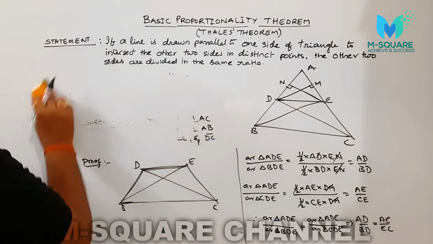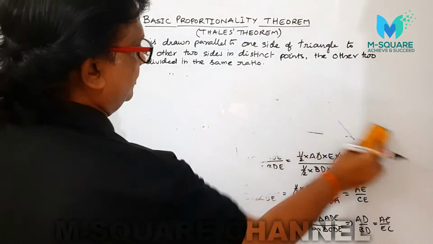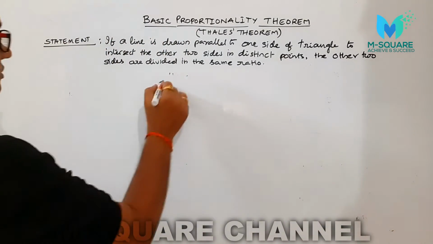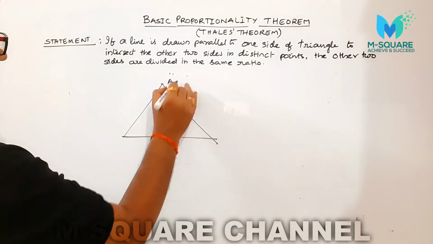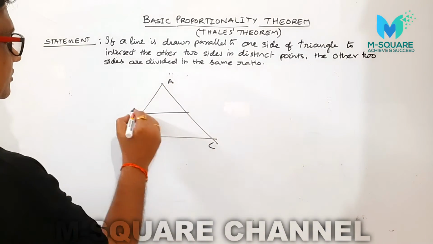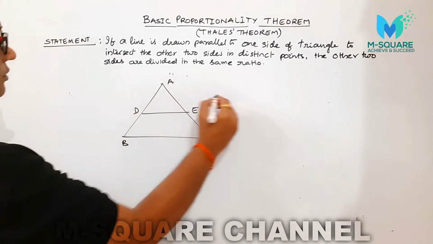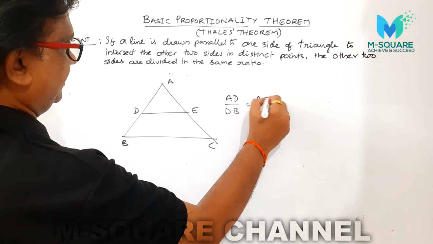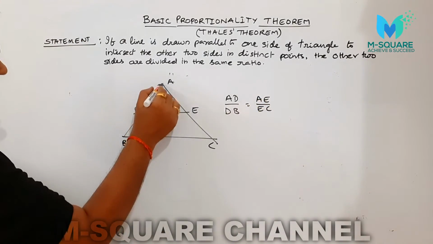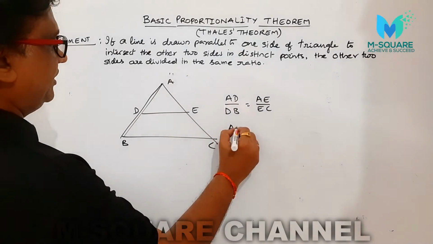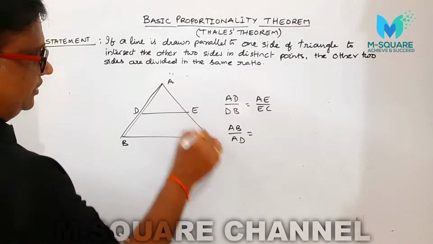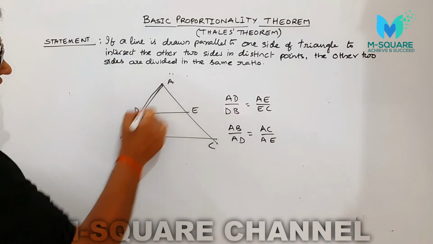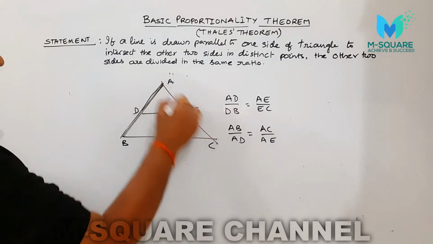Now the extension. Suppose you take one triangle ABC, and again take DE. The ratio is AD by DB equal to AE by EC. You can write AB by AD equal to AC by AE.